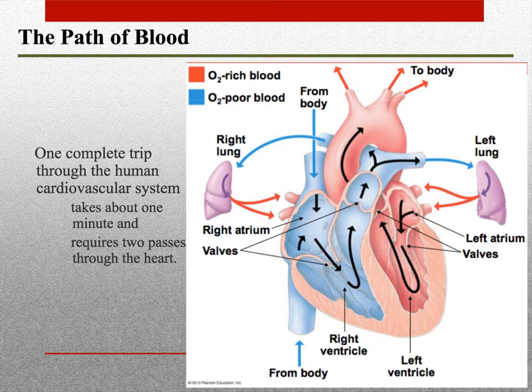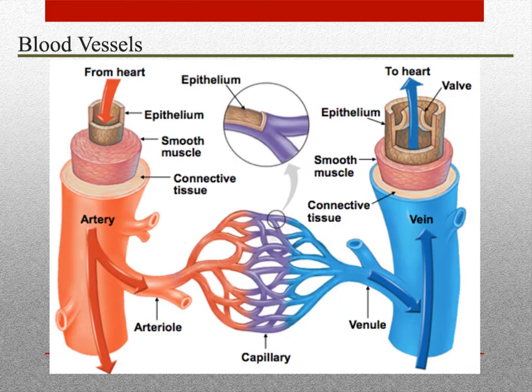It's the blue chamber. It goes out to the lungs, and then it comes back in, and then it goes out to the body. So that's happening essentially in a minute. Every minute you've got blood coming back in. That same blood that left comes back a minute later to get oxygen and then keep going.